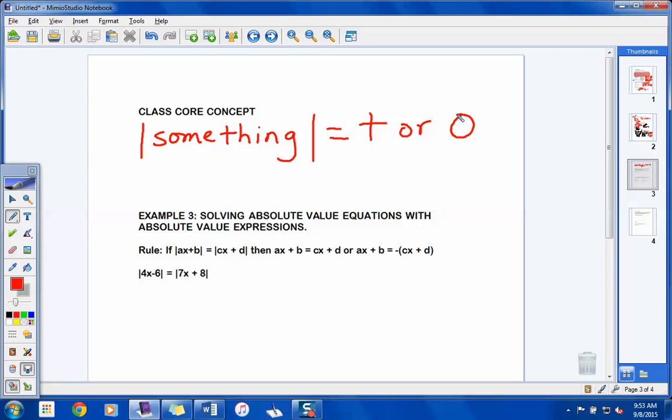And then to solve this, we take this something and set it equal to the positive part first, right? But to find the other solution, we also take that something inside the absolute value and set it equal to the opposite of it, because the absolute value of a negative is also positive. So the core really here, guys, is this.